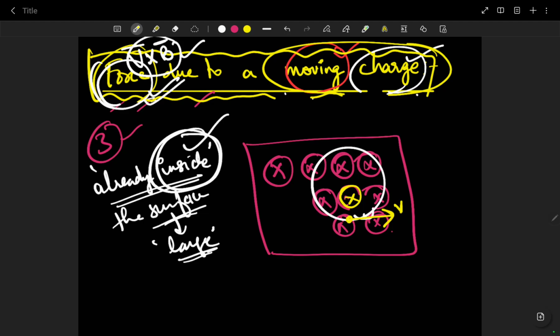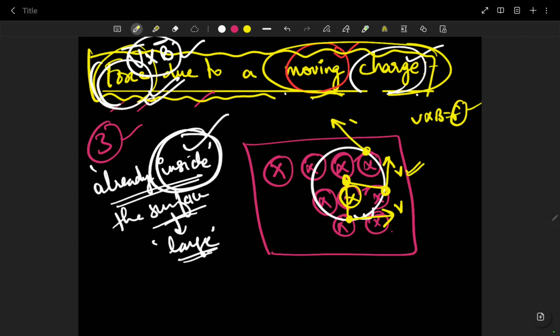Use your right hand four fingers in the direction of velocity, curl them towards the inside of the screen, which is the direction of the magnetic field, and then you will be able to find the force direction, which is going upwards, right? Over here, if I ask you, this is the velocity, and you use your four fingers across this velocity and curl them towards the inside of the screen or inside of the book, if you're drawing along with me, where is your force? It is again going towards the center.